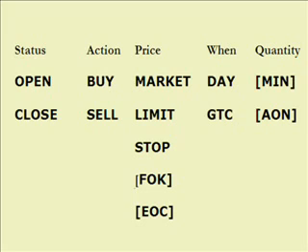There are optional specifiers called minimum and AON, all or none. These are applied to quantity. These specifiers are used for, say, I want a minimum of 400 of 1,000 shares, or if I wanted 1,000 of 1,000 shares as a minimum, I would specify all or none. Those specifiers slow down the entry and are handled manually, whereas all these others are handled electronically.